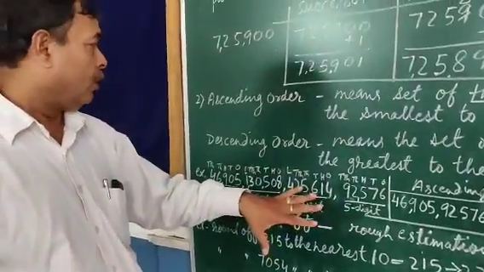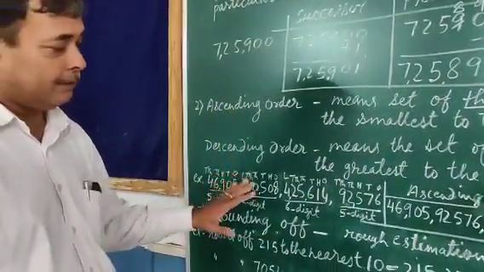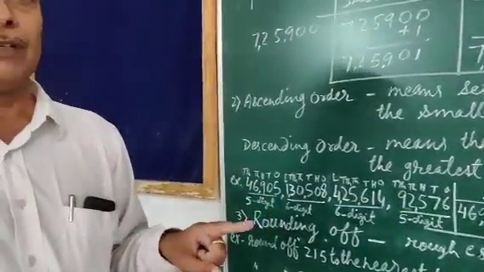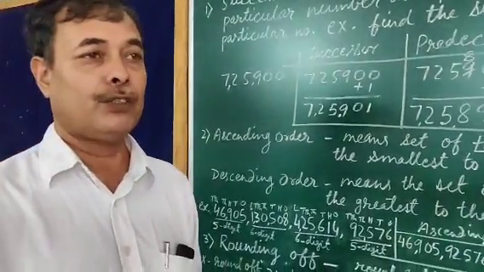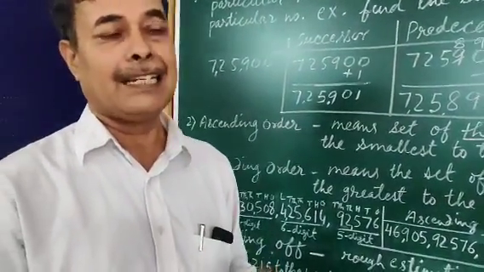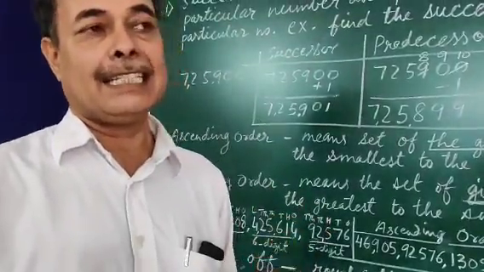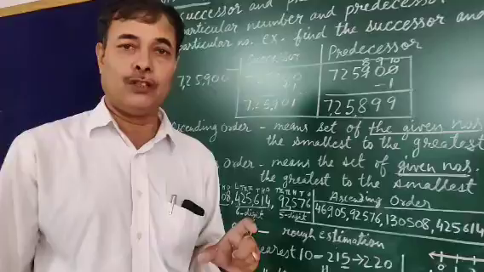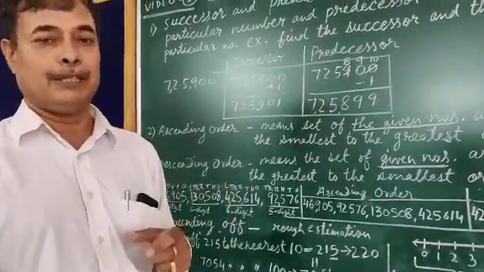Children, to arrange these numbers in ascending or descending order, you will have to compare these numbers. Remember, in the previous video, I taught you how to compare large numbers. There, I discussed with you some rules. We should follow those rules in order to compare 2 or more numbers.